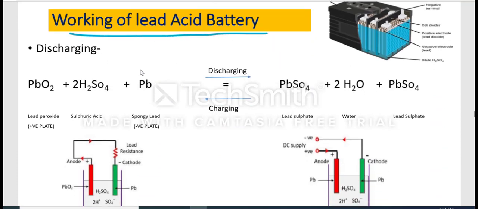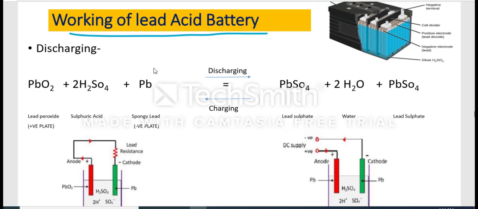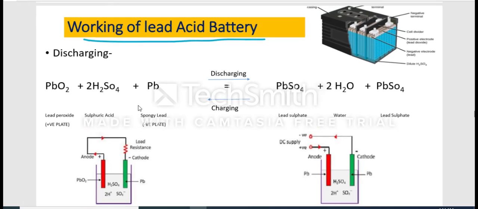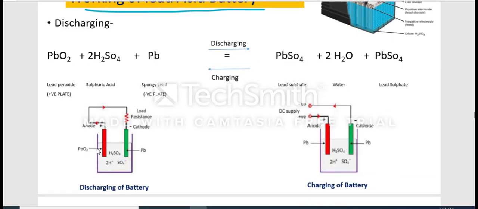Okay, so to understand the working of lead acid battery, take one beaker or container in which electrolyte solution is there, that is H2SO4.